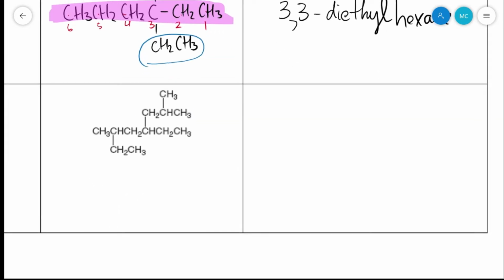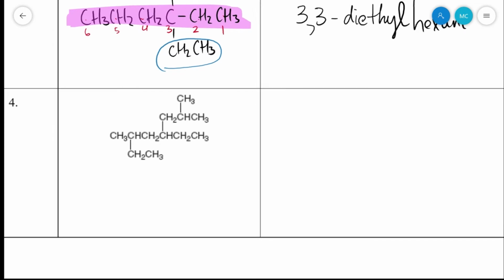Next, number 4. This is a little bit tricky. So for number 4, you would find the parent chain as so, as the bent structure. This will be the longest. Okay. Now there are actually 1, 2, 3, 4, 5, 6, 7, 8.